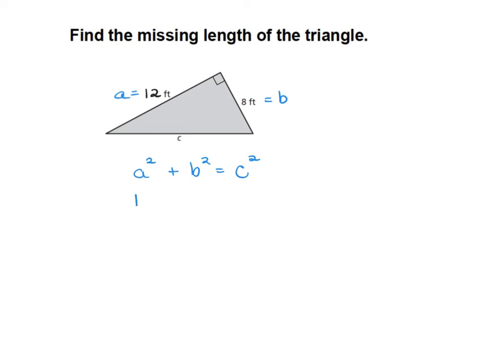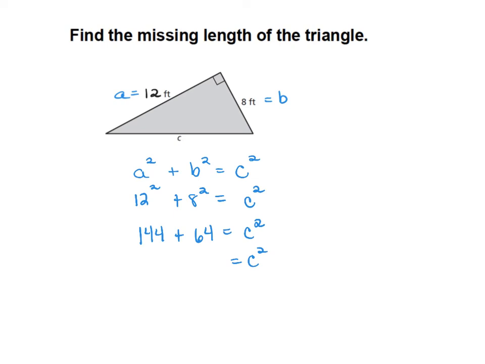So we have 12 to the second power plus 8 to the second power is equal to c to the second power. 12 to the second power is 144, plus 8 to the second power is 64, which equals c squared. So c squared is equal to what number?